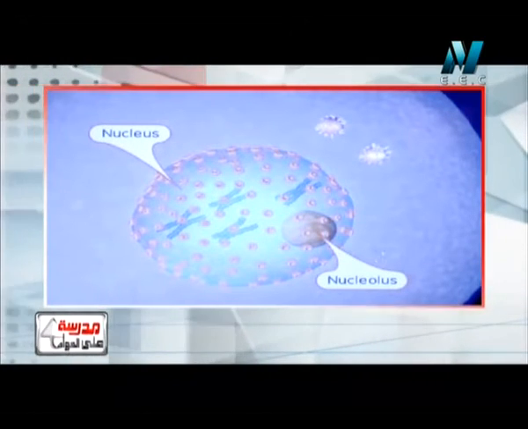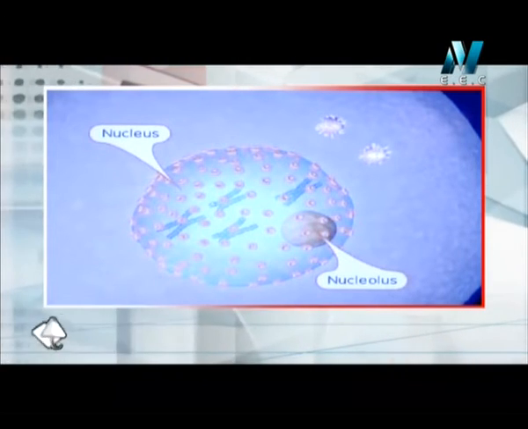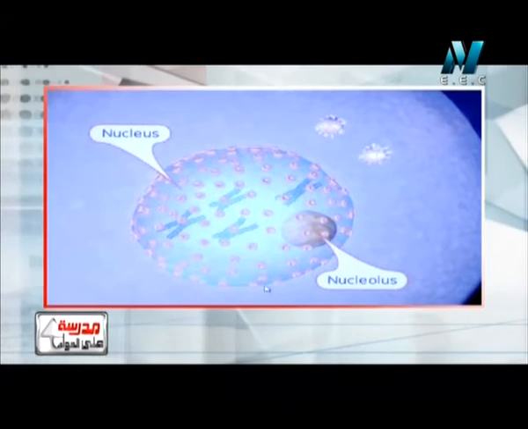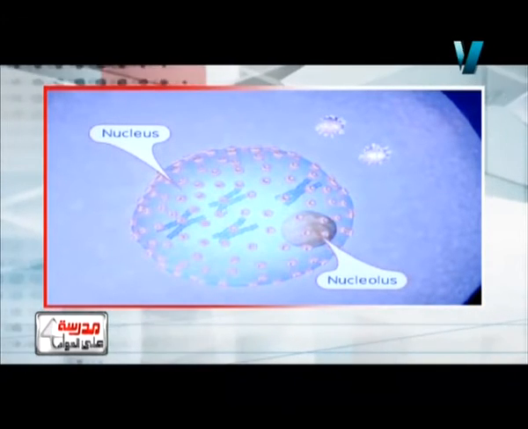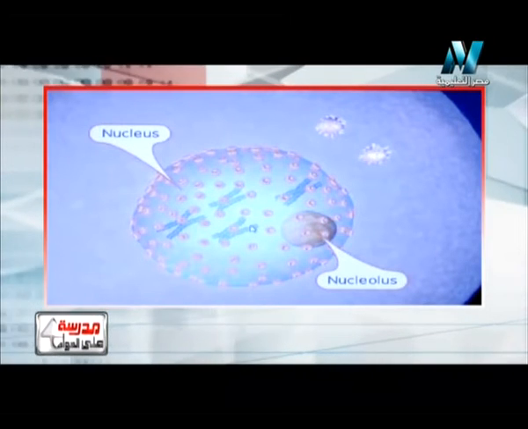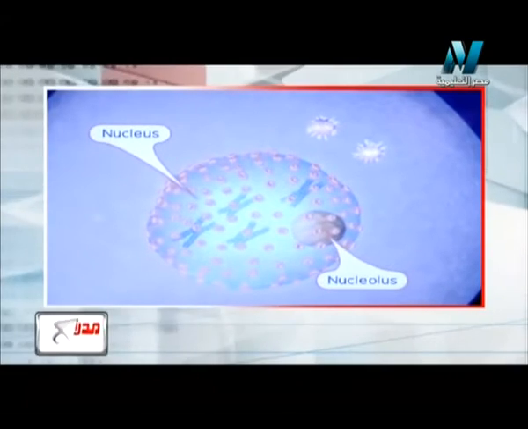Okay, centrosome will form what? Spindle fibers, and nucleolus and nucleus will disappear. Okay, the chromatin reticulum condenses into what? Into chromosomes. Let's see it together, as you see here.